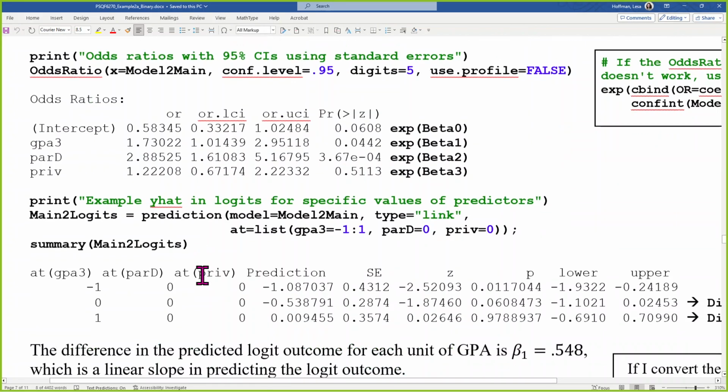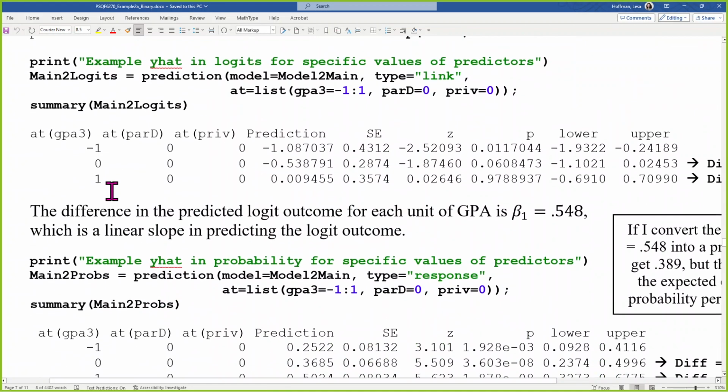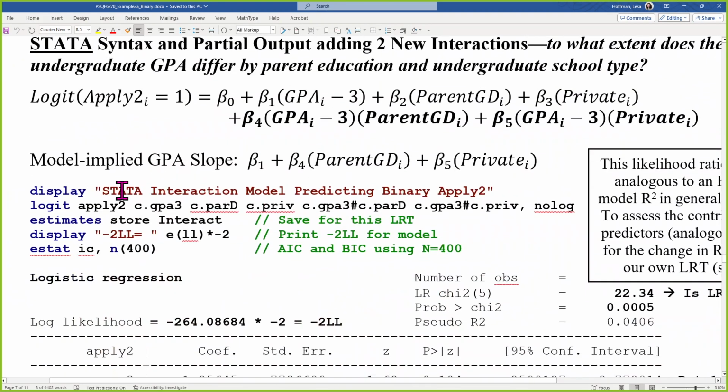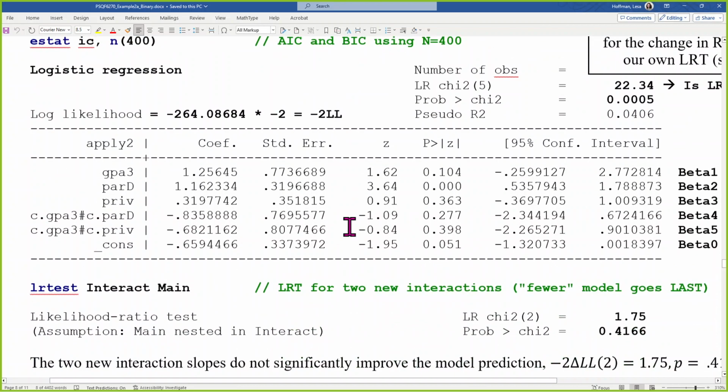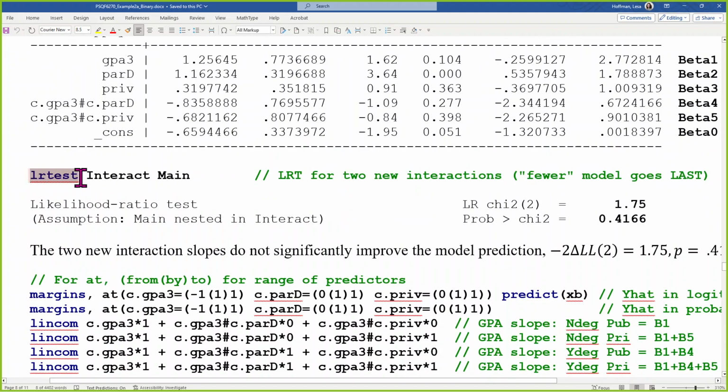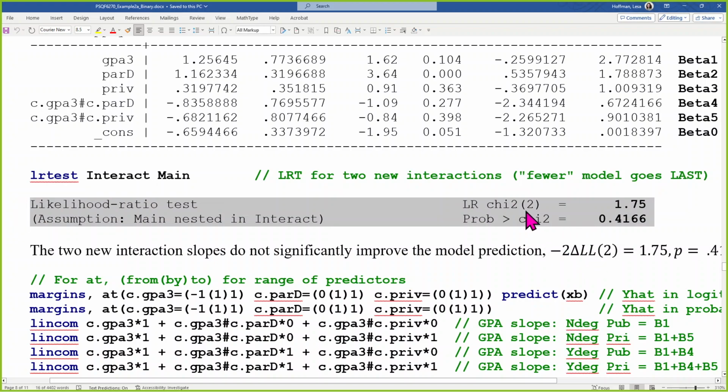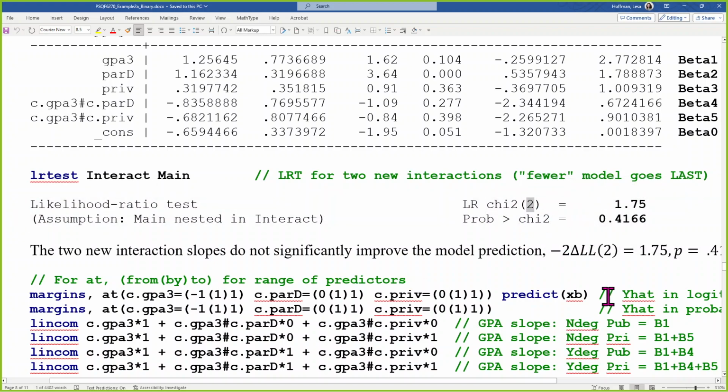In R, you're saving things as you go, so you have a bunch of objects that you can work with as you need to. Then in Stata, for my new interaction model, it's like, hey, go save this. Then there's a built-in command called lrtest, where you ask, is this one better than that one? It's the higher parameter model first, followed by the lower parameter model. It's backwards relative to R. And so this is my omnibus test of whether the two interactions improve my model.